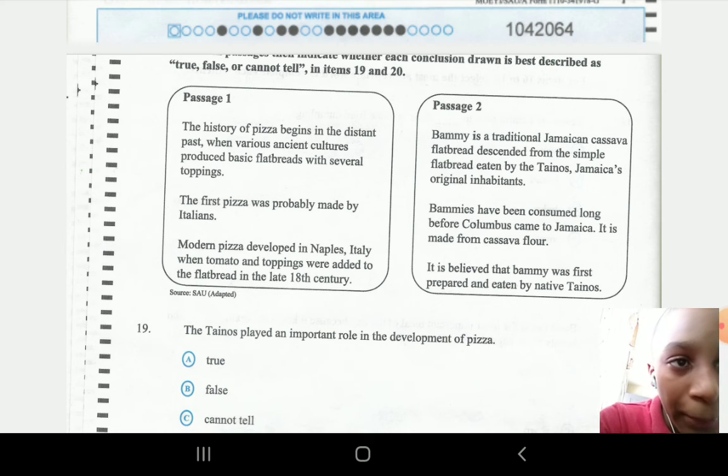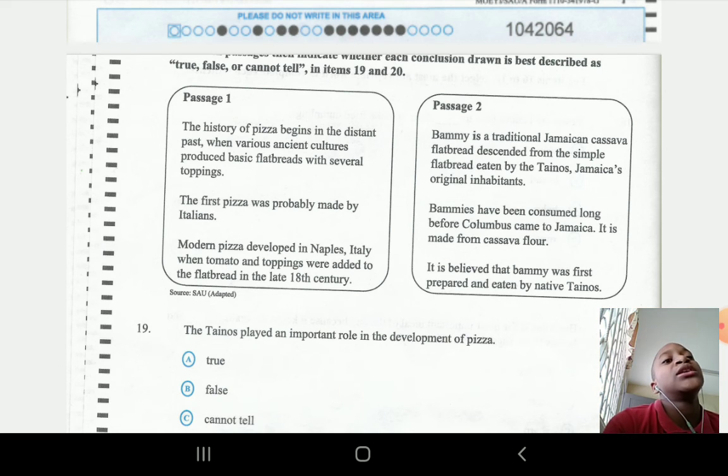So the modern pizza developed in Naples, Italy, so it was made by Italians, when tomato and toppings were added to the flatbread in the late 18th century. So this is the history of pizza in a topic sentence. The first sentence in the paragraph is the topic sentence. Remember that.